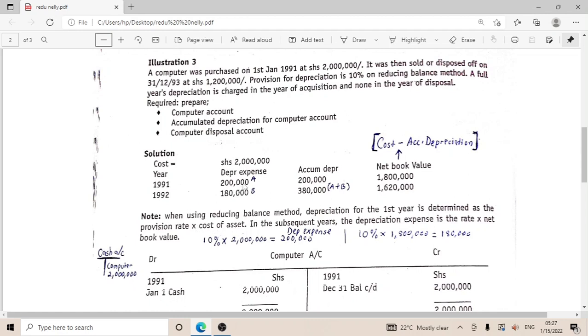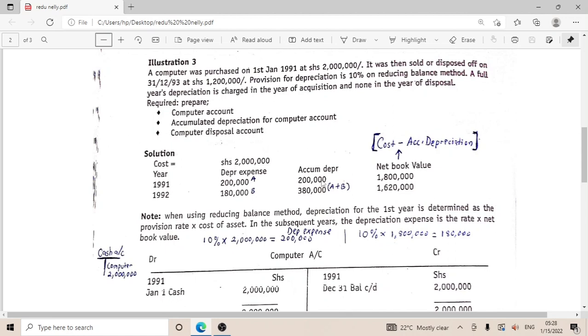So for the first one, it's the 10% times the 2 million, giving me the depreciation expense of 200,000, which I labeled as my A. After doing that, for accumulated depreciation I just get this 200,000 and put it here as my first accumulated depreciation.